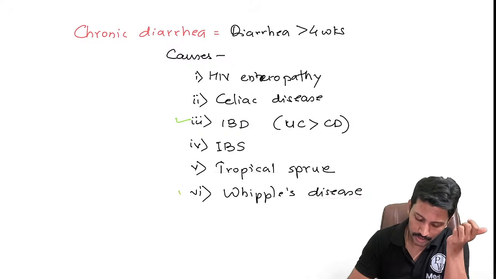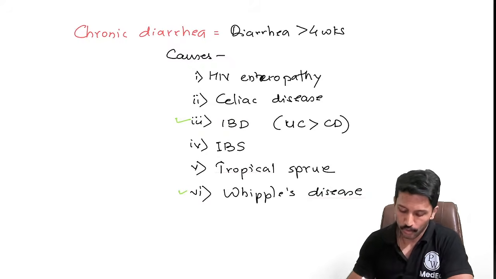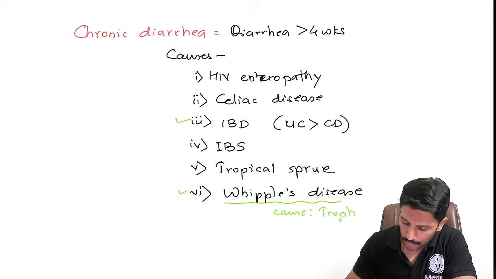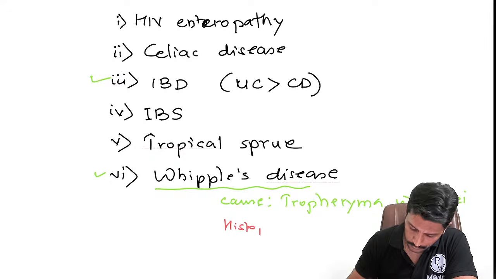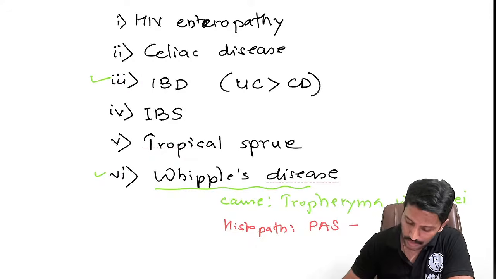You can have crypt hyperplasia, villus atrophy, lymphocytic infiltration, so I can't diagnose it based on the histopathology. The only other condition that I can diagnose based on the histopathology is Whipple disease. Whipple disease is caused by infection with an organism called Tropheryma whipplei, and on histopathology you will see periodic acid-Schiff or PAS positive macrophages.